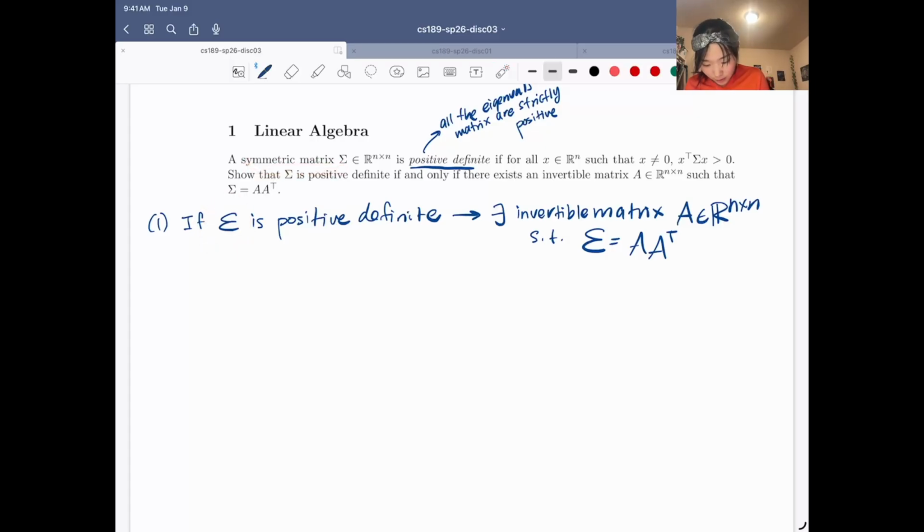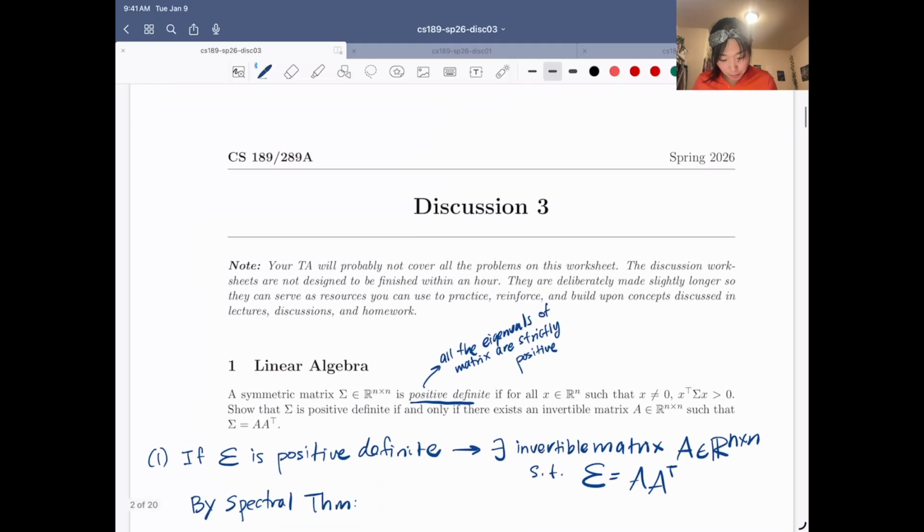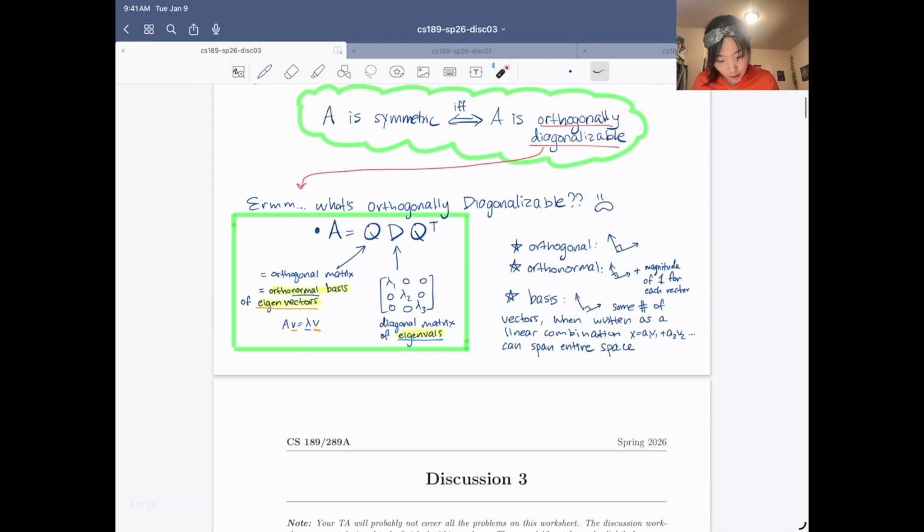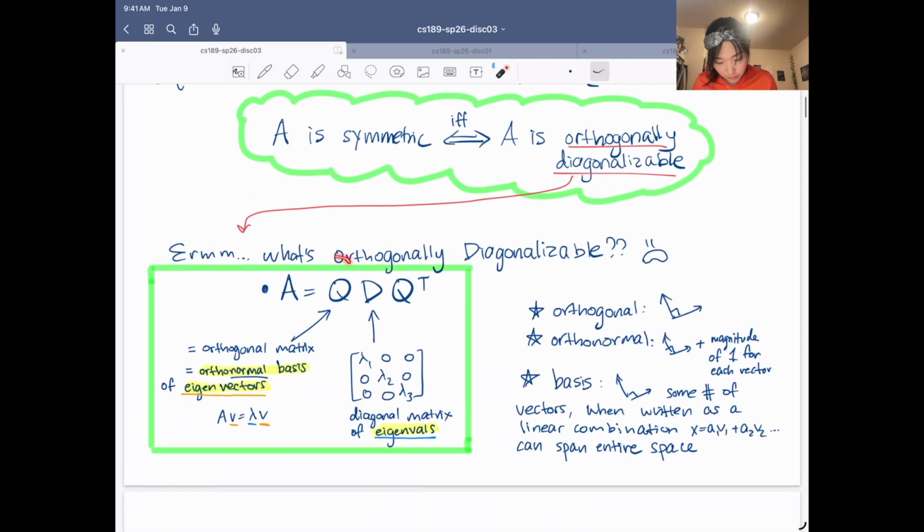First, we can look at the spectral theorem. Remember that the spectral theorem says that we can break down any symmetric matrix into this decomposition, where we have an orthogonal matrix times a diagonal matrix of eigenvalues times the orthogonal matrix transposed.